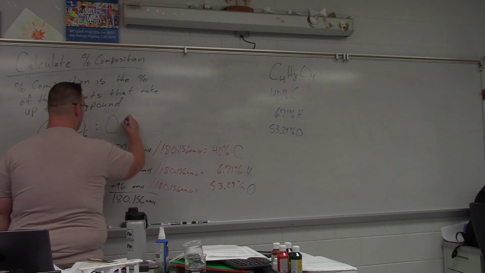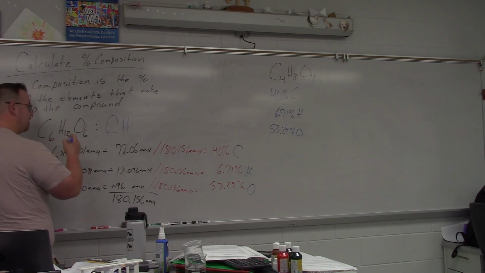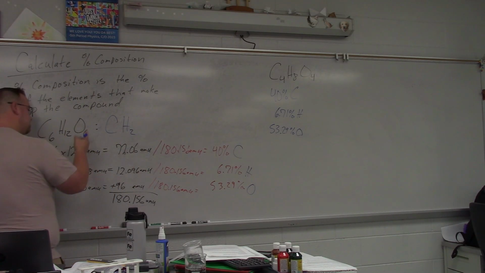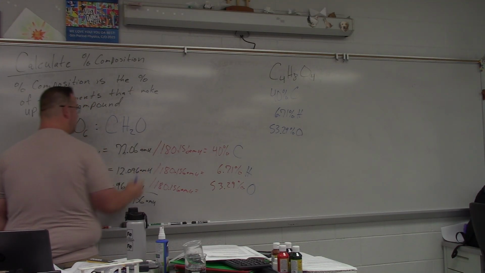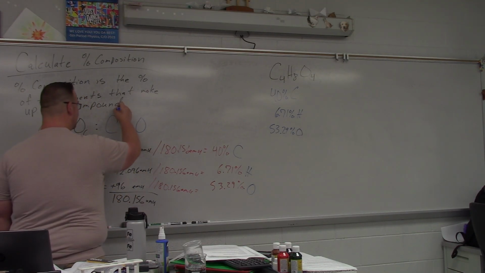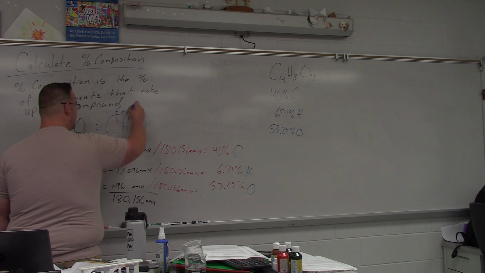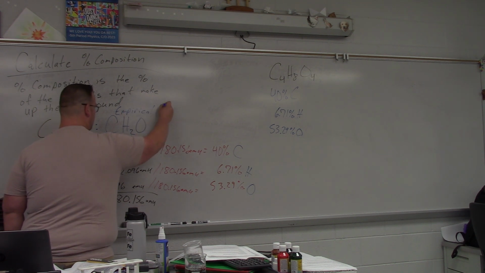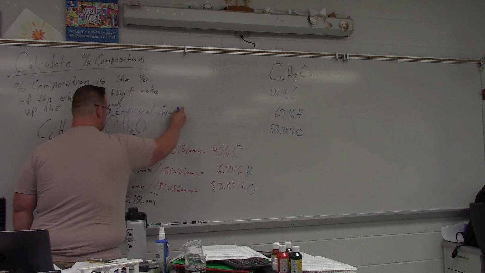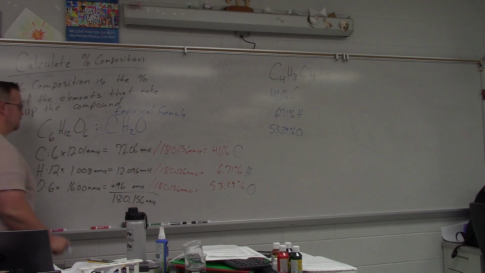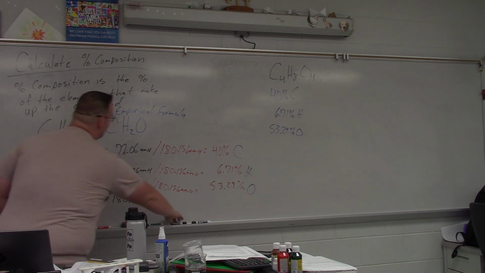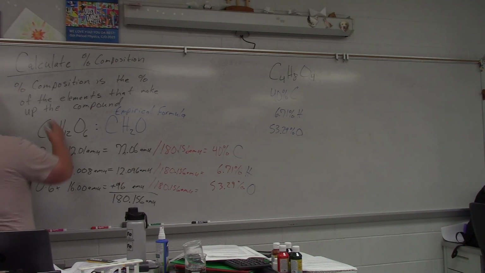So nothing there. Then I have hydrogen. What's 12 divided by 6? 2. And what's 6 divided by 6? 1. That here is the empirical formula. What you have over here in the black, this is the molecular formula.